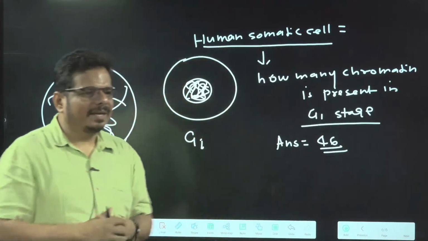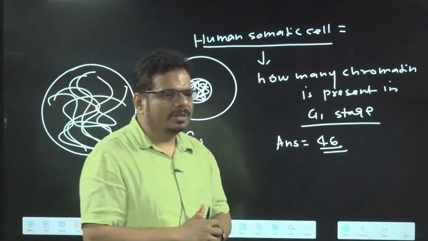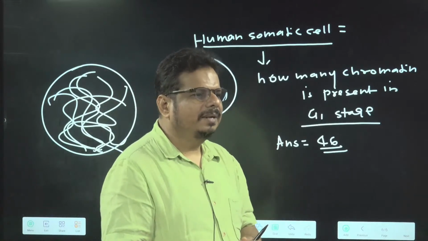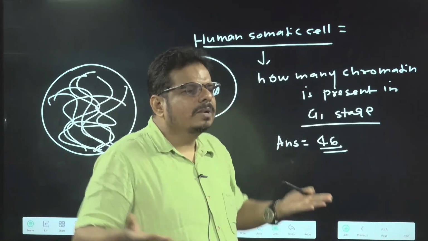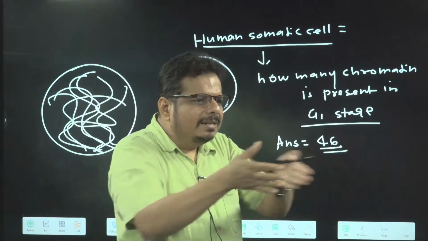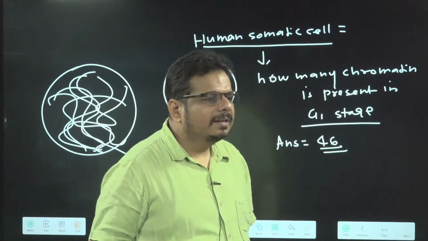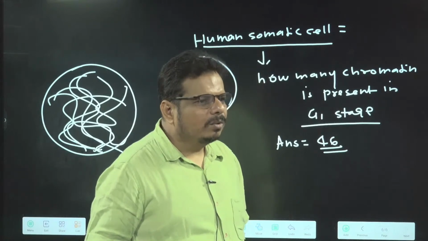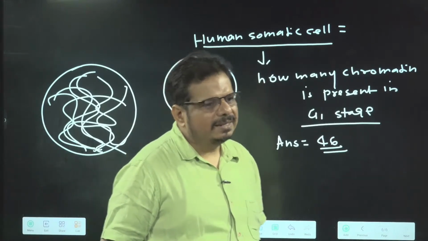Why did I say 46? You say 46 chromosomes, so they come from chromatin. Chromatin condenses and chromosome forms, so the number of chromatin and chromosomes is the same. Is it clear?